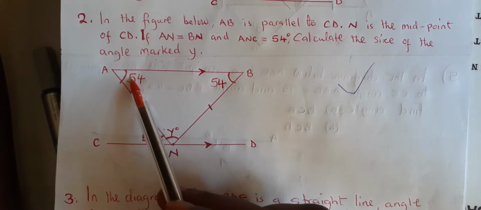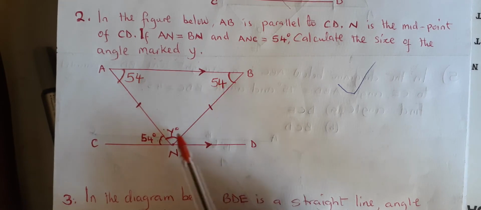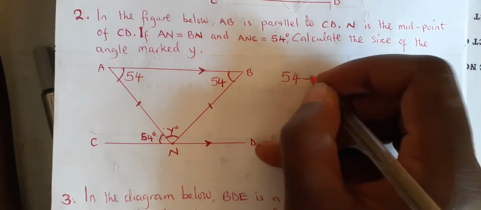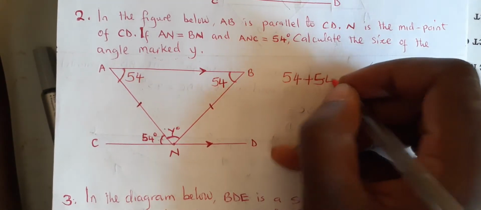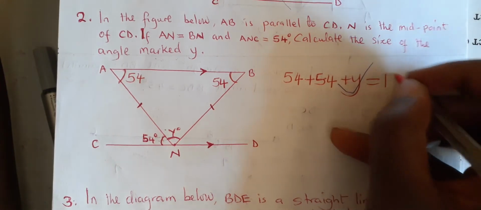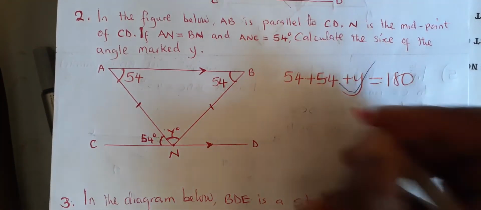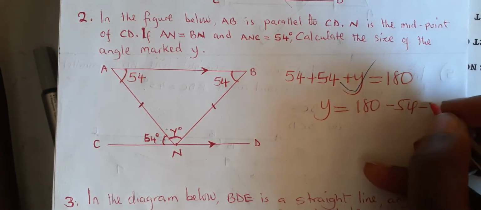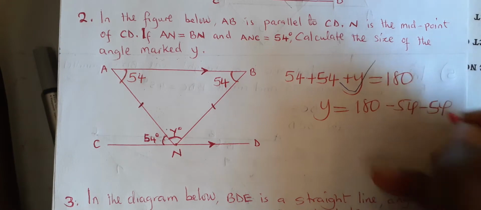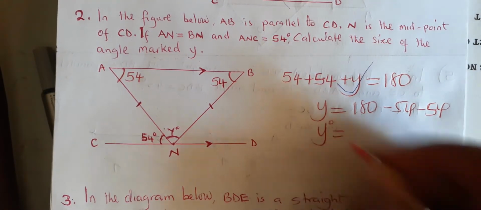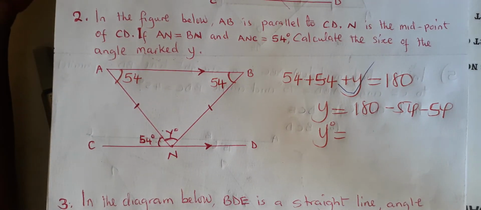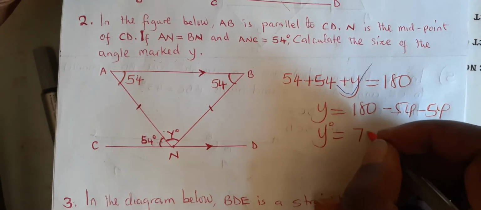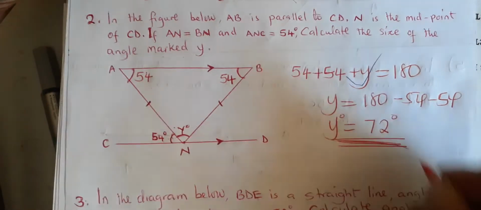When we add these two angles, 54 plus 54 plus y must give us 180. So y is the same as 180 minus 54 minus 54. Let's subtract. This is going to give us 72 degrees. This is our y.